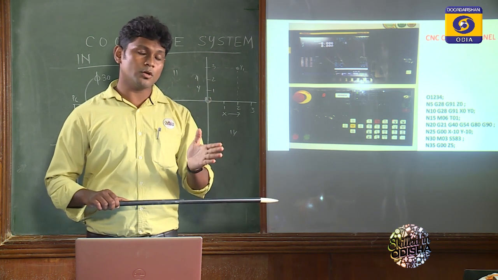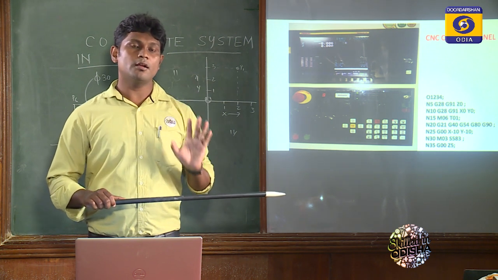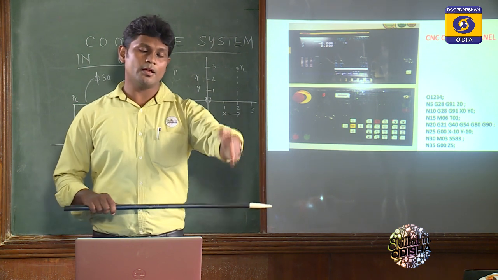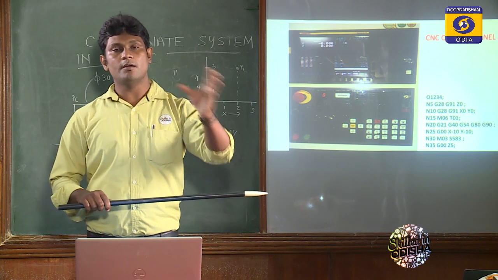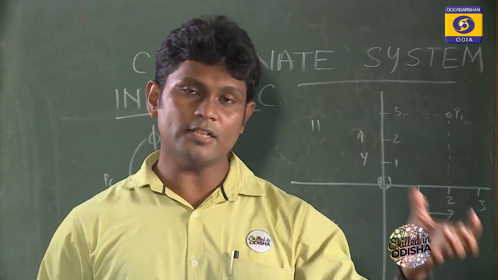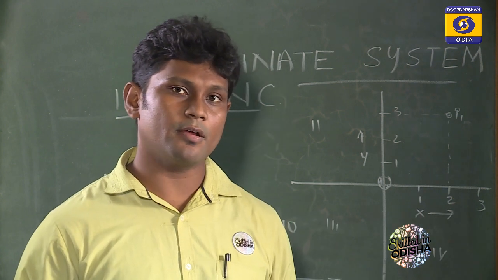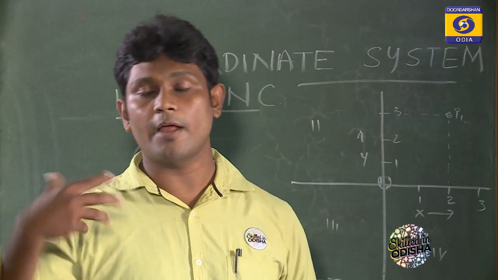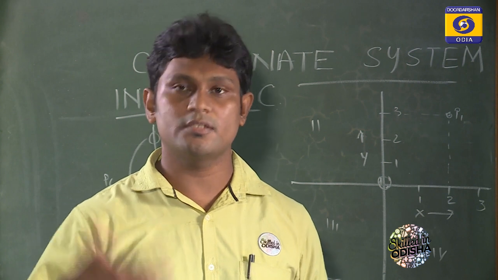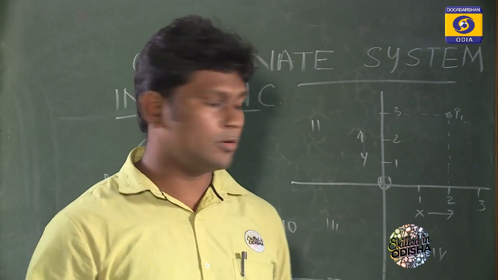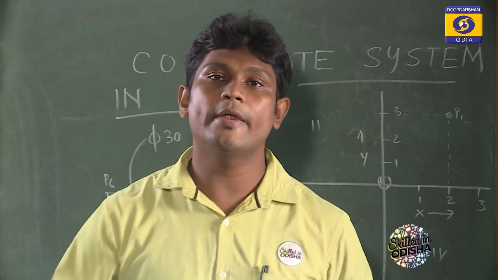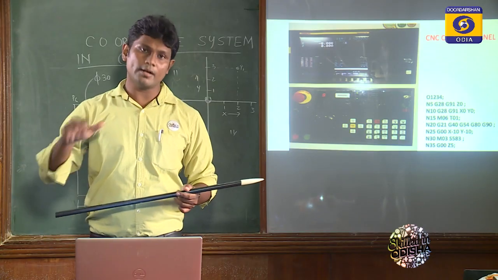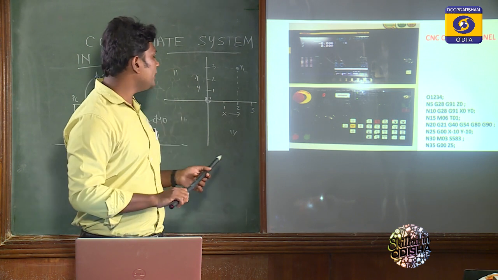Those pulses will be given to the drives installed in our CNC machine, that is the x-axis, y-axis or z-axis motor drives. Getting those electrical pulses from the control panel, the drives will be actuated, and after that we get our required movement in the CNC machine, or our particular type of cutting operation will be carried out.